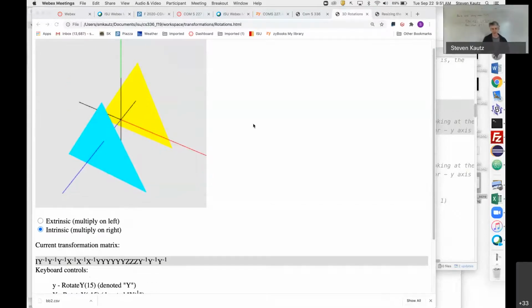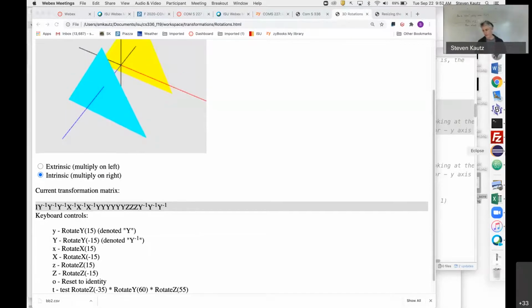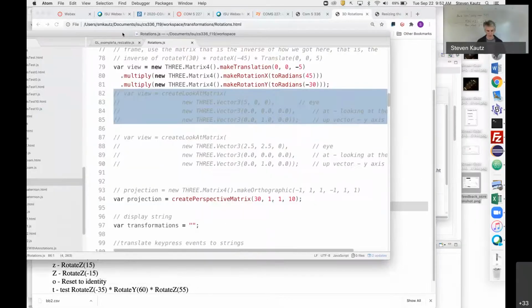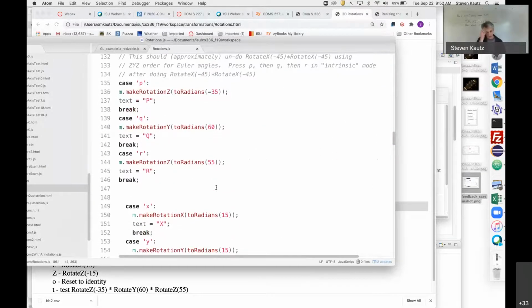Once again, we can set this up easily enough to do our two clockwise rotations about x and y. The key controls that I have here do not necessarily lend themselves to experimenting with wacky angles. And what I wanted to just show you is if we go to the source for this example, I just added a sequence of key controls.